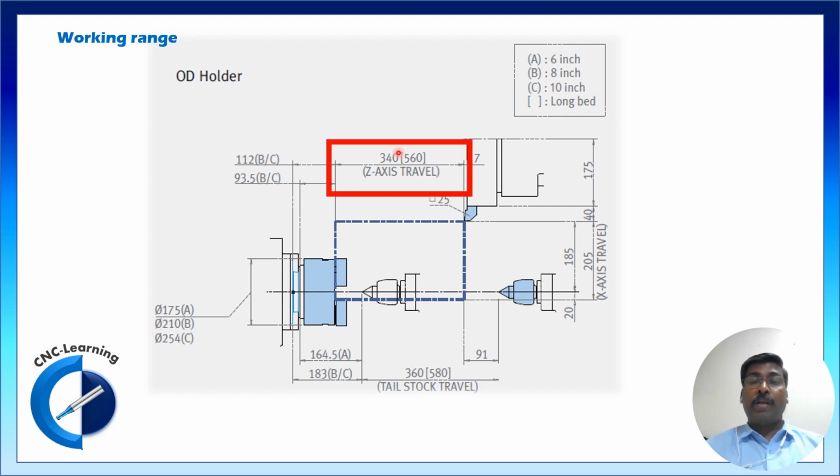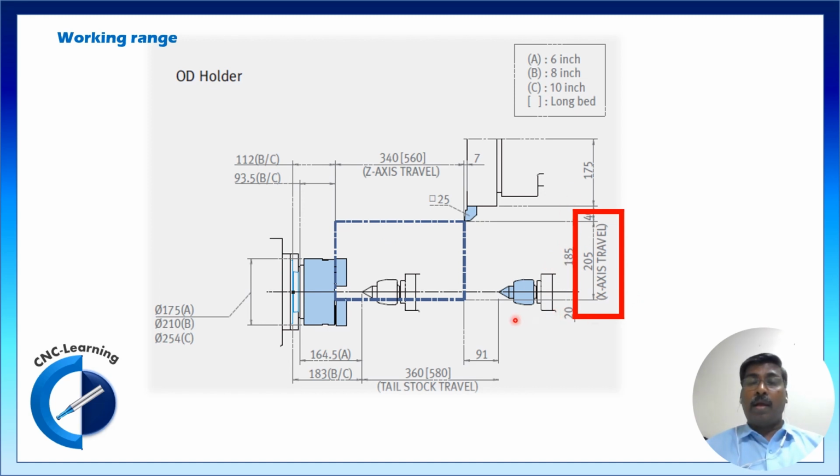So 340 mm is the Z-axis travel. This tool can move from this point to this point, and 205 is the X-axis travel.